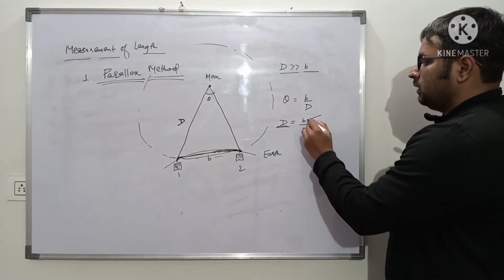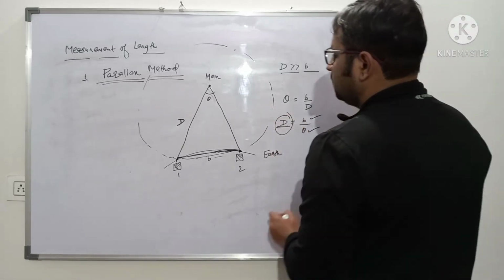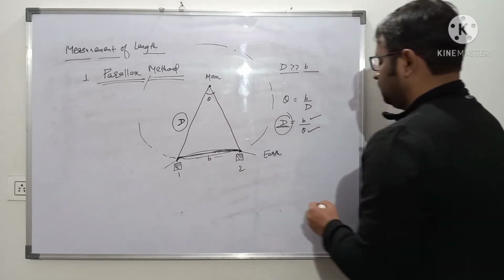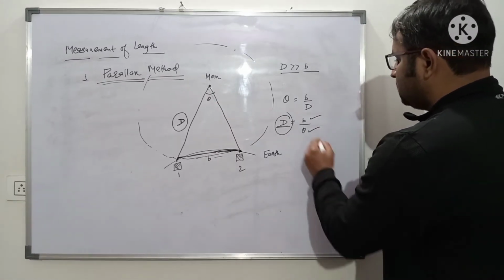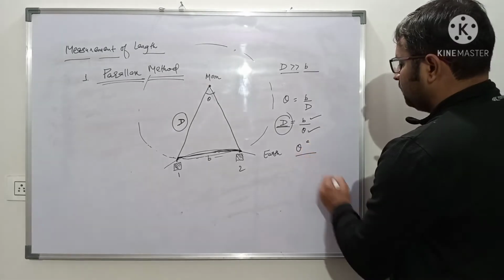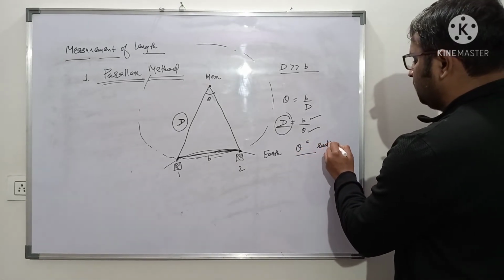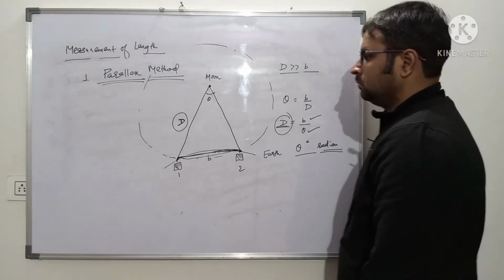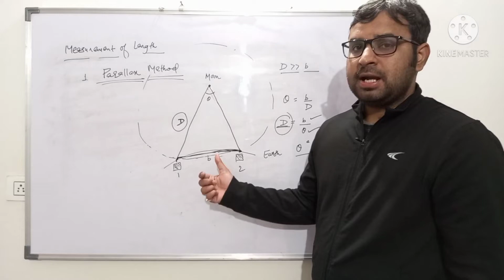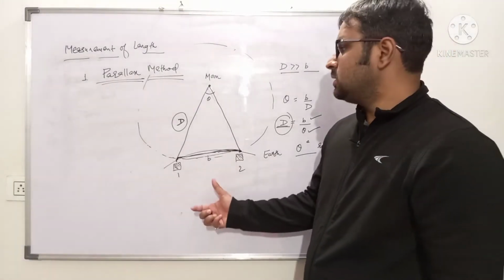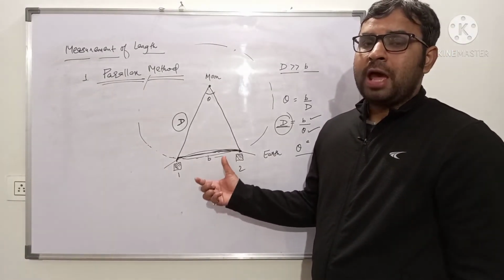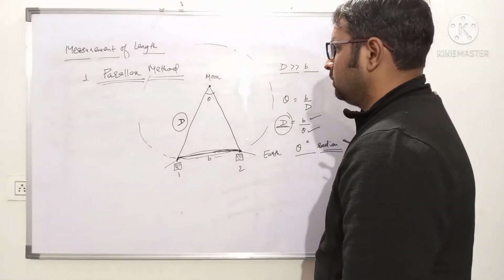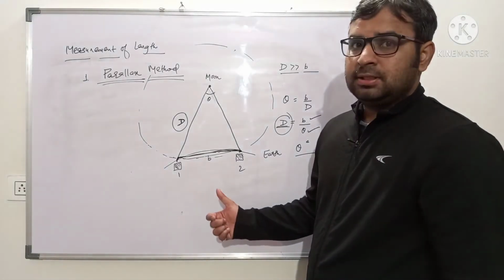If we know these two values, we can determine d, the distance between moon and Earth. We have to keep in mind that theta will be in radian. So in this way, by using the parallax method, we can find the distance between two heavenly bodies which are very far from each other. So this is an indirect method.